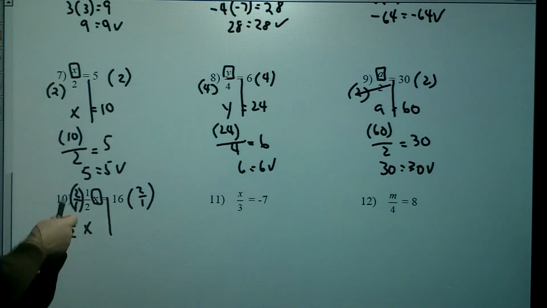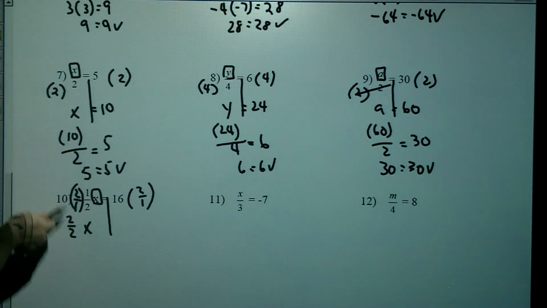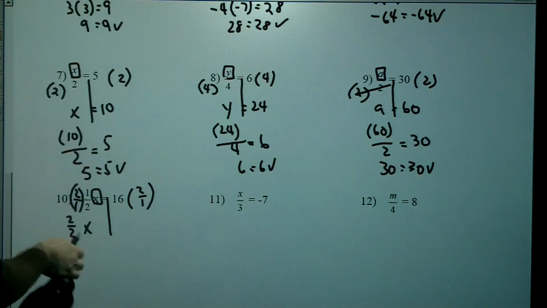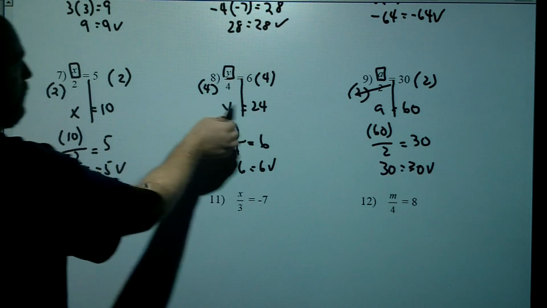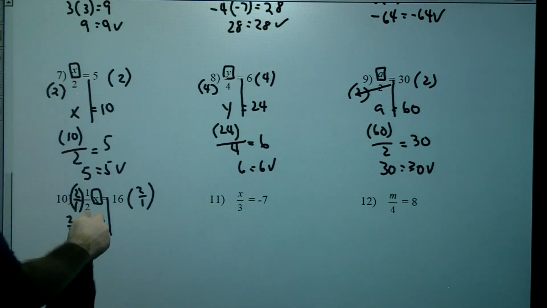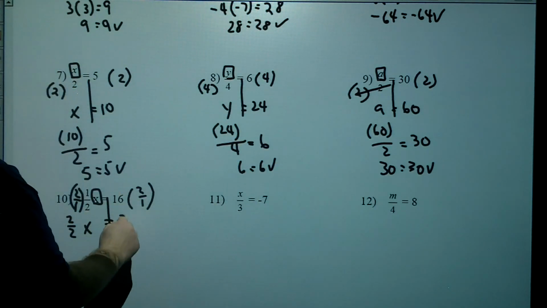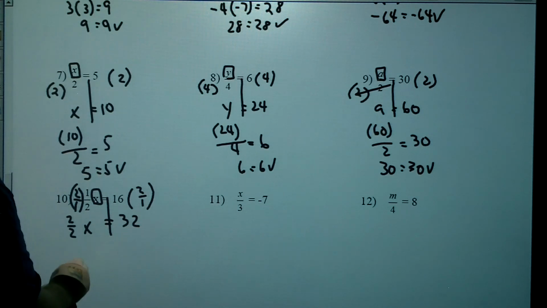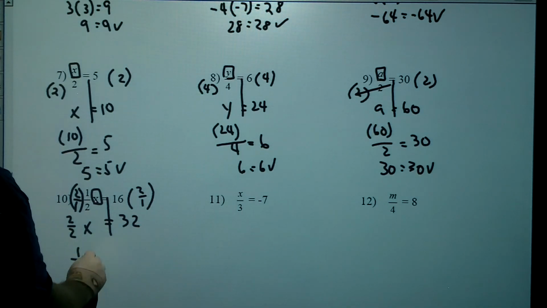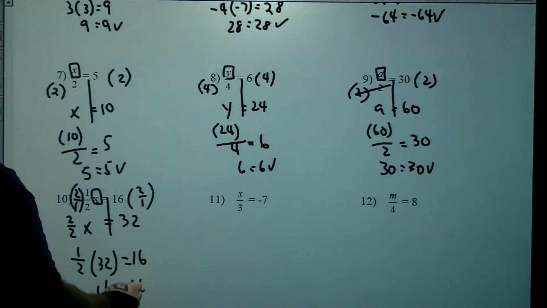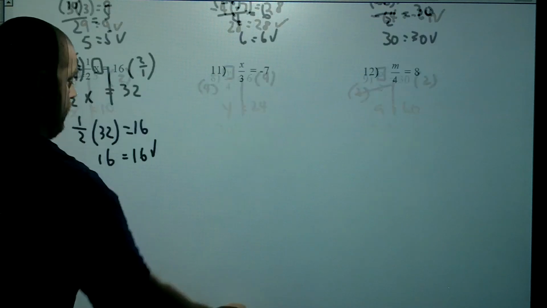And any number over itself is really 1. So this is equal to 1. And as we saw up top, we don't write the 1 in front, even though there is a 1 there, because it's understood to be a 1. So 16 times 2 over 1 is 32. To check this, half of 32 is 16, which is true.